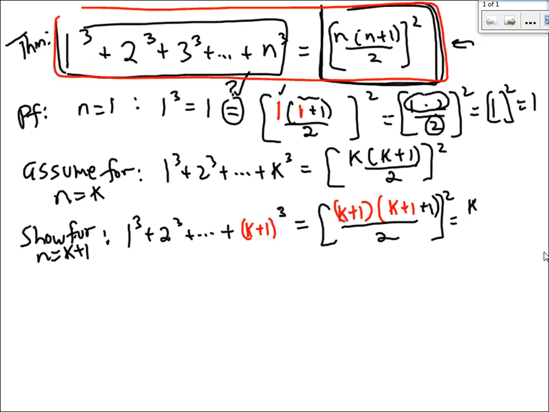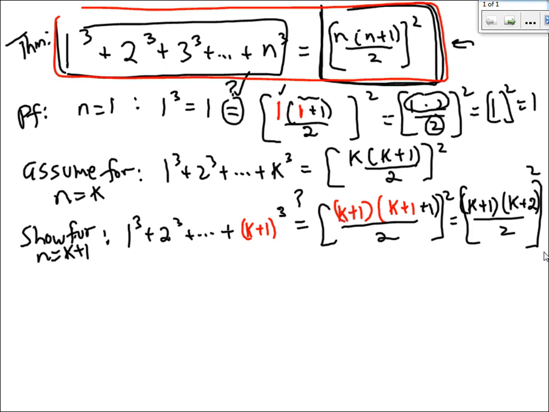To simplify this, it's k plus 1 times, since 1 plus 1 is 2, k plus 2 over 2, all squared. That's what I want to show.